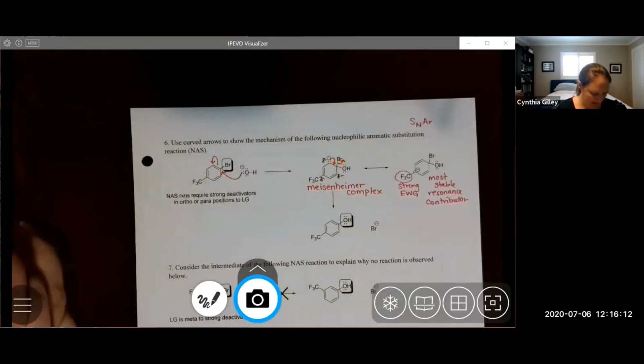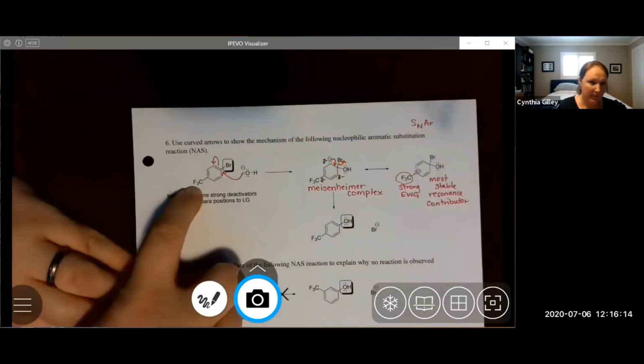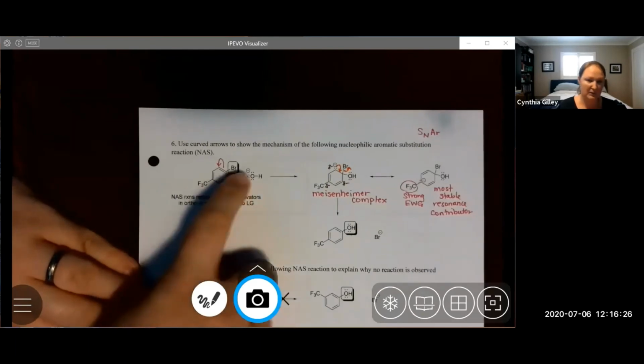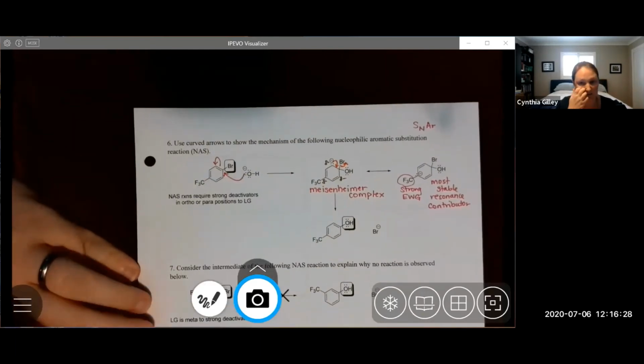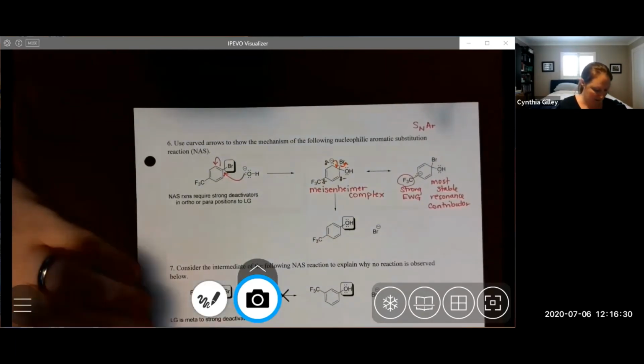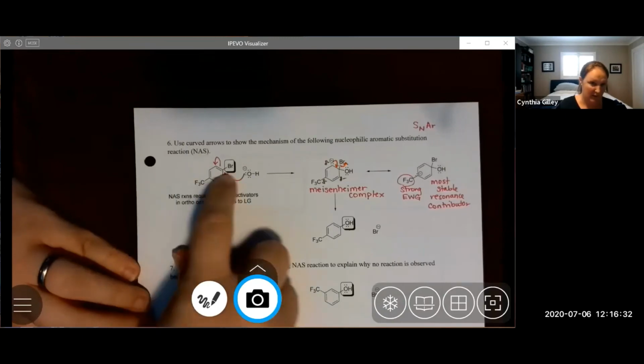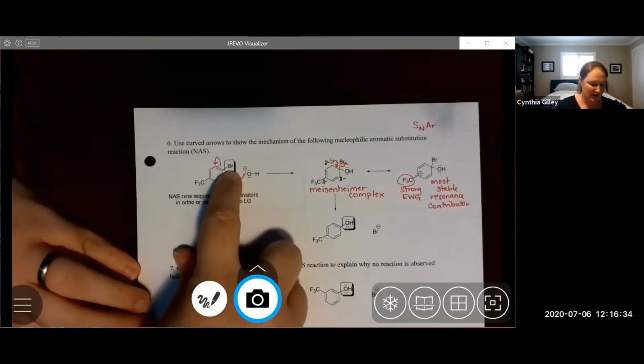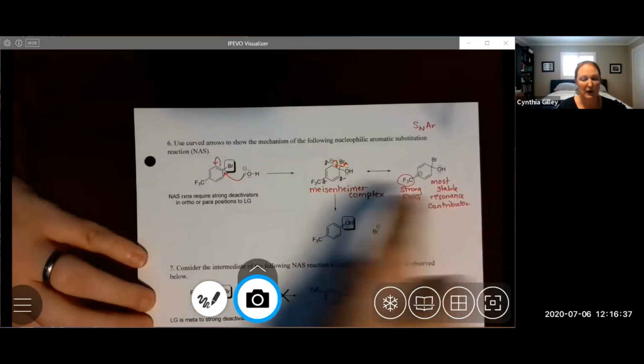We also need at least one strong electron withdrawing group, right? So there could be more, more is better, but at least one. And it needs to be either ortho or para to the leaving group. It cannot be meta, because if the electron withdrawing group is meta to the leaving group, you don't generate the stable Meisenheimer complex.